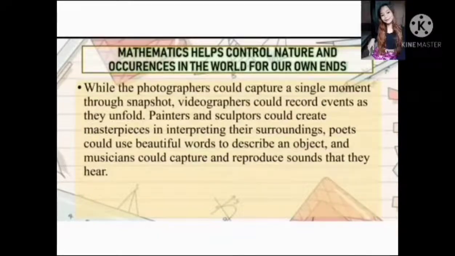While the photographer could capture a single moment through a snapshot, videographers could record events as they unfold. Painters and sculptors could create masterpieces in interpreting their surroundings. Poets could use beautiful words to describe an object, and musicians could capture and reproduce sounds that they hear.